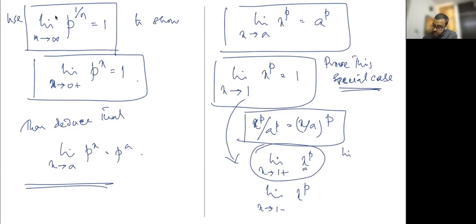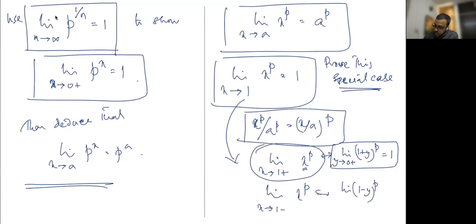So x is bigger than 1 in this case, so you write x as this, and the limit you are looking at is y going to 0 from the right. So you are looking at this limit, and here you are looking at limit 1 minus y to the power p, y going to 0 from the right again.